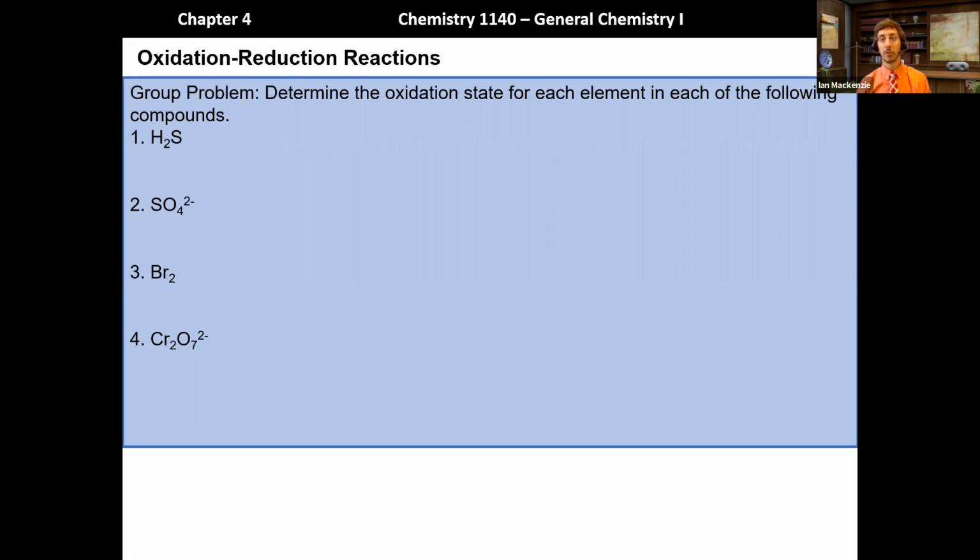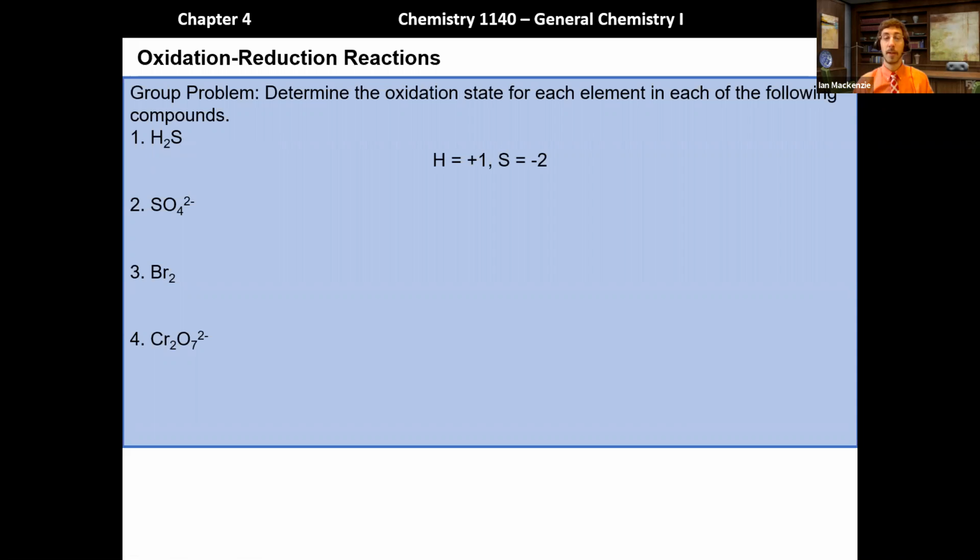My rules only tell me about hydrogen, they don't tell me anything about sulfur, but I know that hydrogen sulfide is a neutral compound. So each hydrogen is +1, so that's +2. So sulfur must be -2.